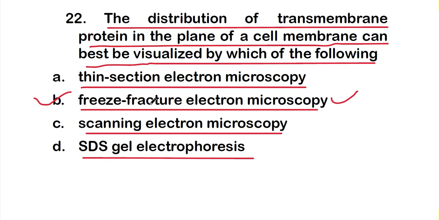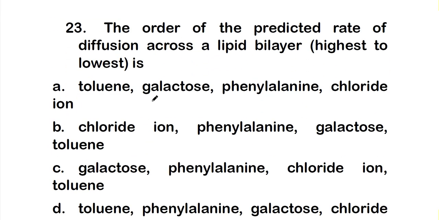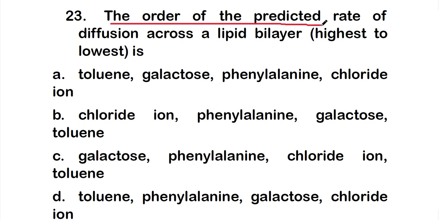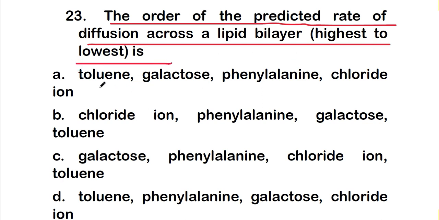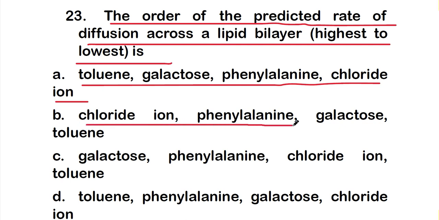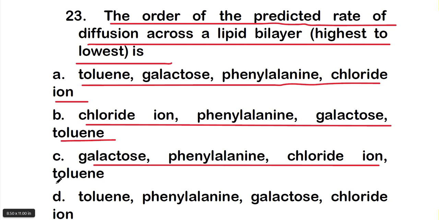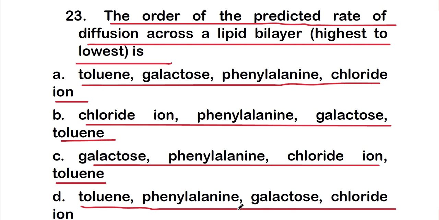Okay, so let's move on to question number 23. The order of the predicted rate of diffusion across the lipid bilayer, highest to lowest, is option A, toluene, galactose, phenylalanine, and then chloride ion, or option B, chloride ion, then phenylalanine, then galactose, then toluene, or option C, galactose, phenylalanine, chloride ion, and then toluene, or option D, toluene, phenylalanine, galactose, and chloride ions.